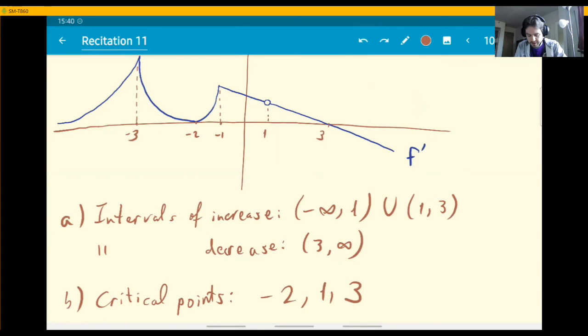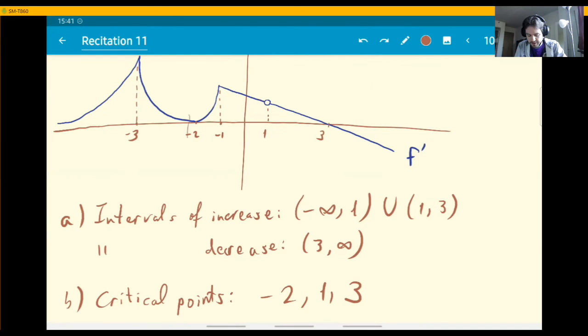But the other points are not going to be anything. For example, for the number 1, f prime goes from plus to plus again. We don't know what that's going to mean for the number 1. I mean, we don't even know if the function is defined for the number 1. So we cannot say anything there.